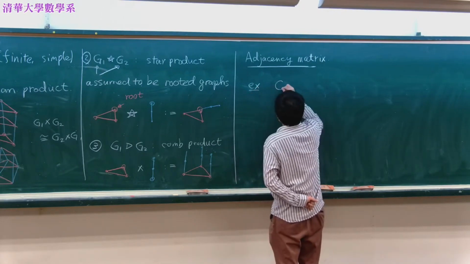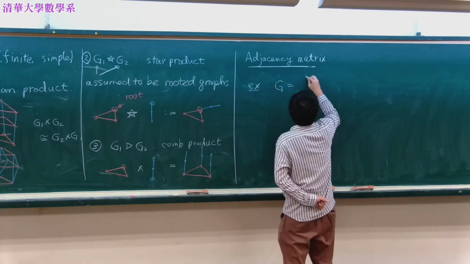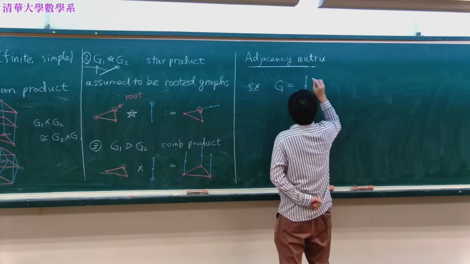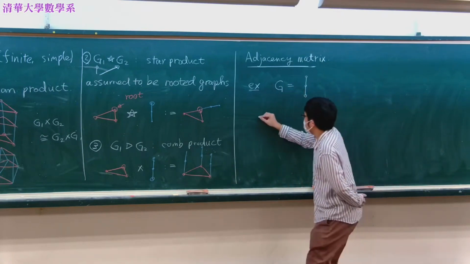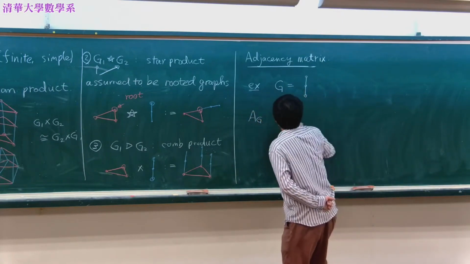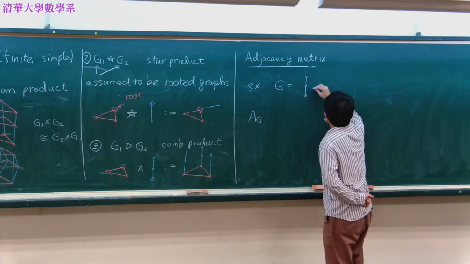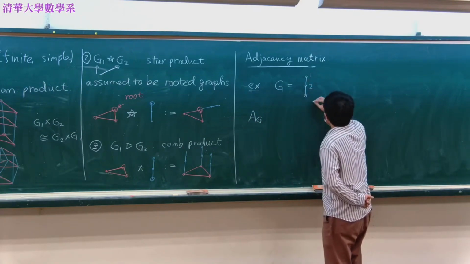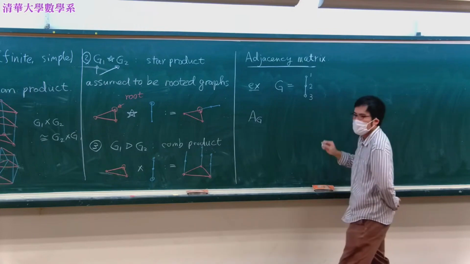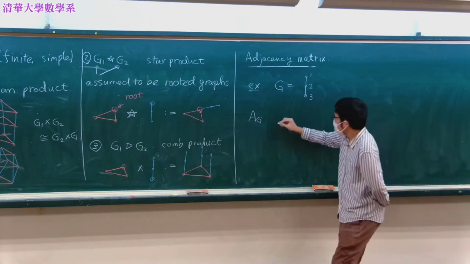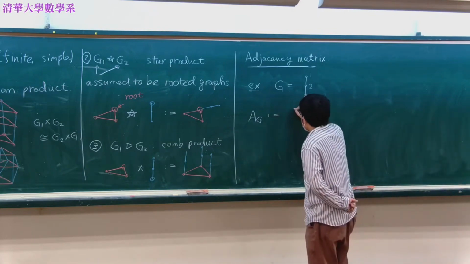If G is such a line, the adjacency matrix A_G, okay, in this case it's better to label the vertices, say 1 to 3. Then this is its adjacency matrix.